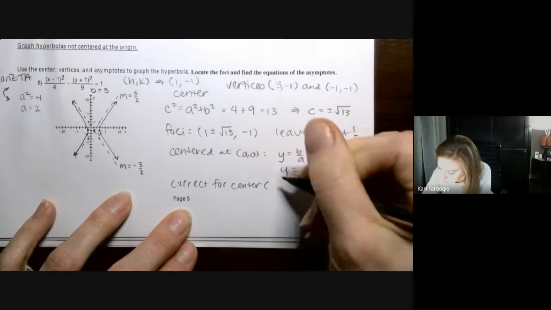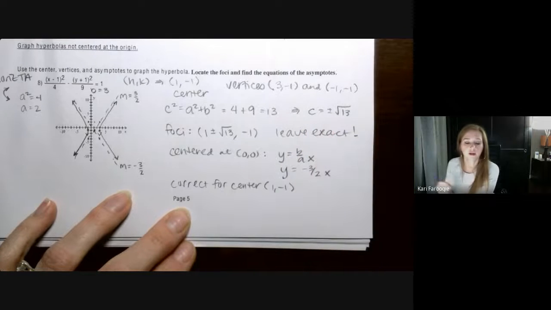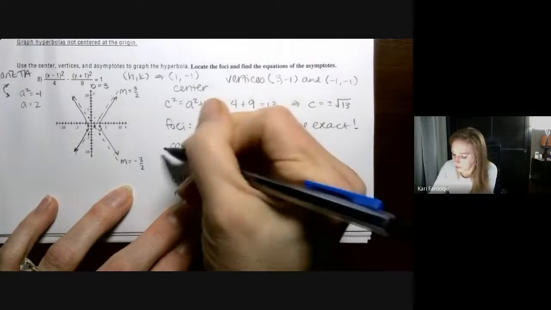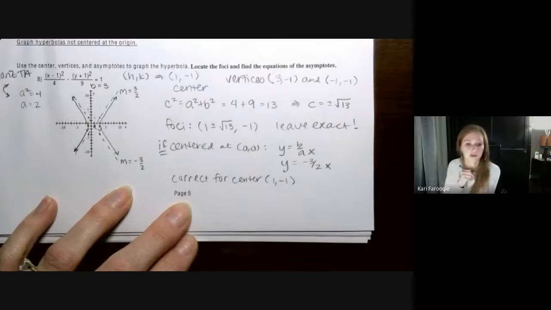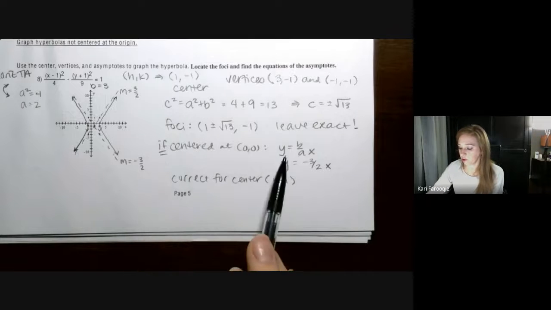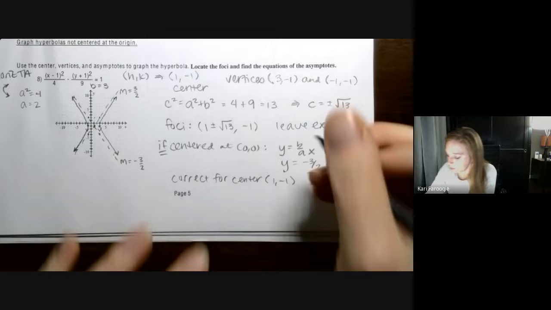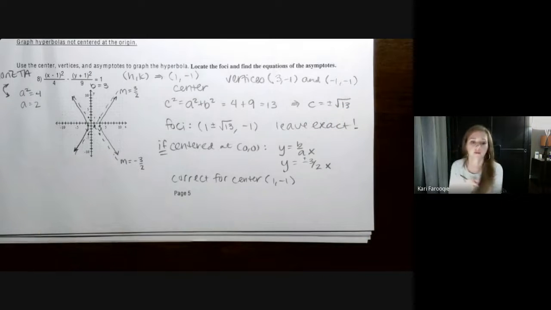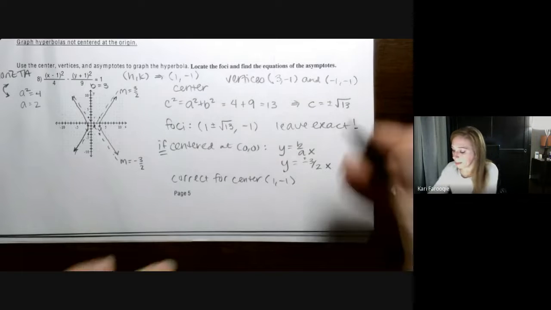So we're going to correct for the center 1, -1. I should say if, just so that that's clear that that's not the equation for the asymptote. So if we were centered at 0, 0, we would have y equals plus or minus 3/2 x. But we're not centered at 0, 0. We're centered at 1, -1.